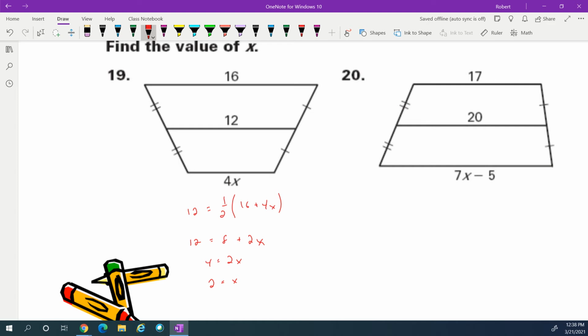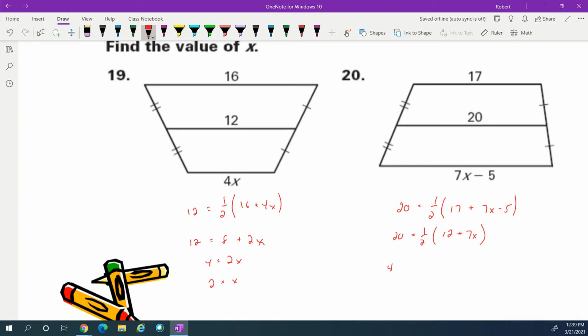And in our next example, again, we're not doing anything different. The only thing that makes the problem a little more challenging is the level of algebra. Combining like terms. And again, our choice is multiply by 2 or distribute the 1/2.